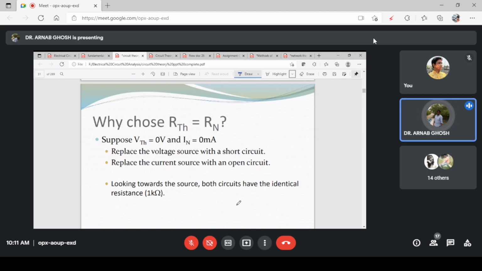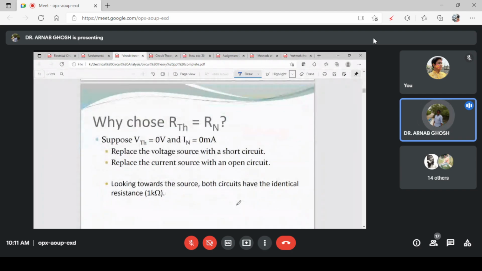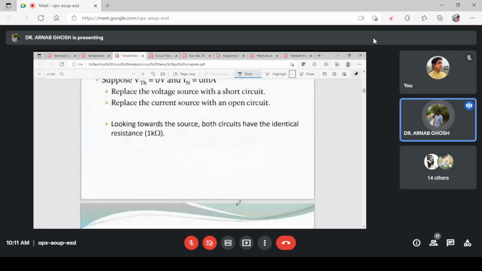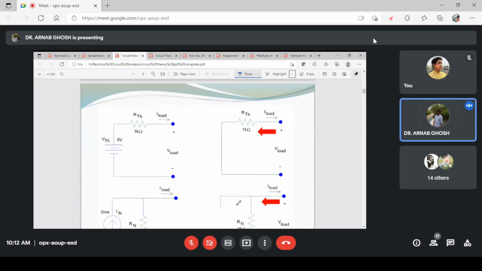If you are looking towards the source, you see both circuits will be identical in nature and therefore they consist of the same resistance. If you are considering 0 volt and you are not having V load, this will be just 1 kilo ohm here.